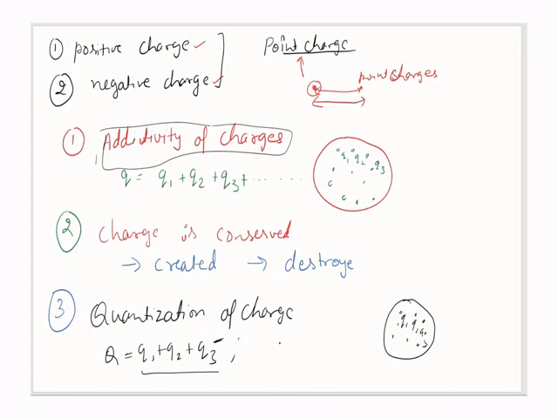That unit is the charge of an electron, which we denote by e, and which is equal to 1.6 into 10 raised to minus 19 coulomb, right? So the quantization of charge says that all charges are integral multiples of this e, the charge of the electron.